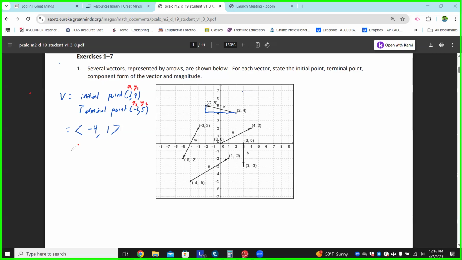So I can do x2 minus x1, comma, y2 minus y1. So here's an algebraic approach to this. When I do this, I get negative 2 minus 2, because that's what the x2 and x1 are. And then this is 5 minus 4. So when we work this out, what's negative 2 minus 2? Negative 4. And what's 5 minus 4? 1.